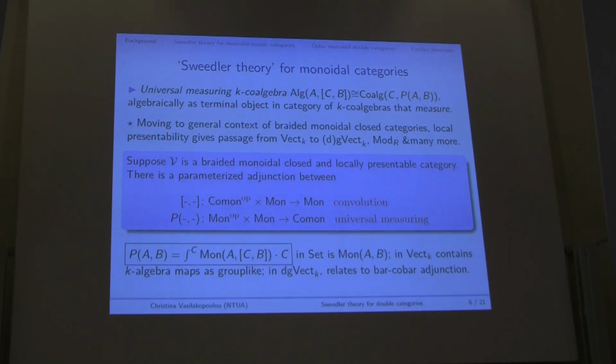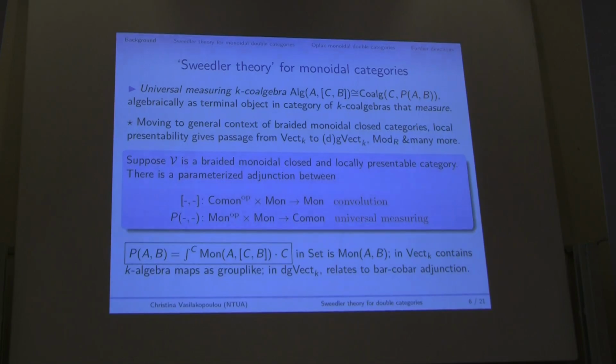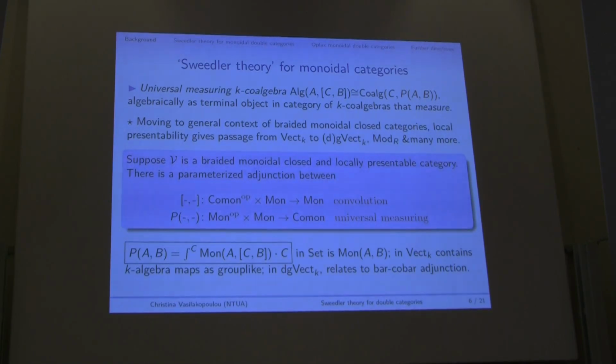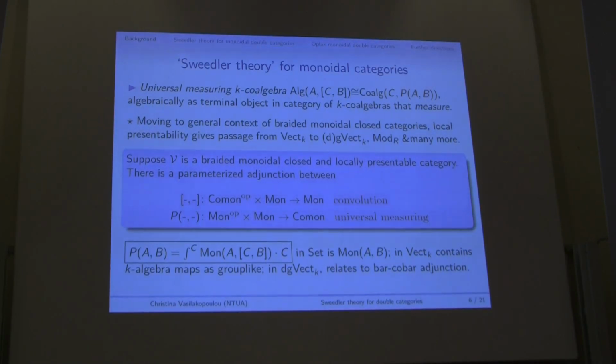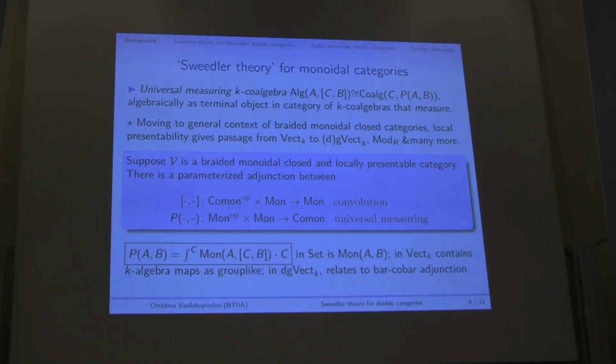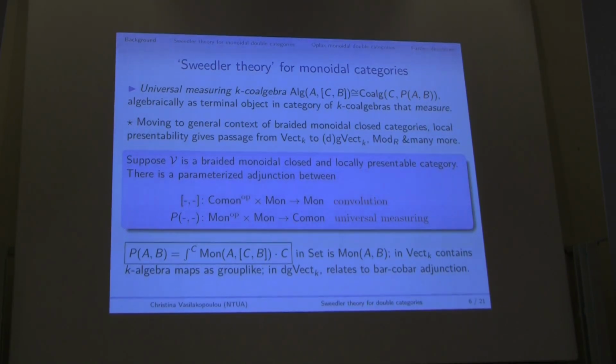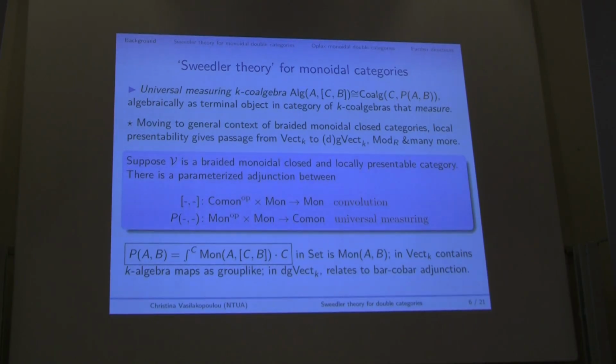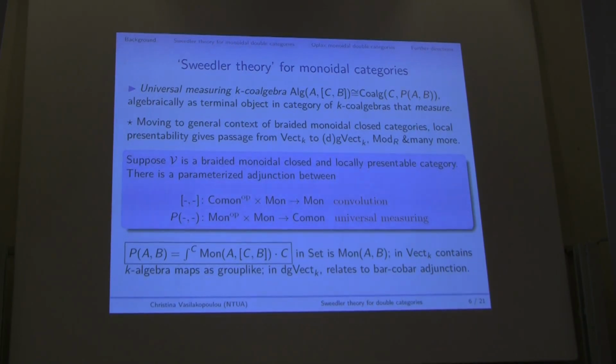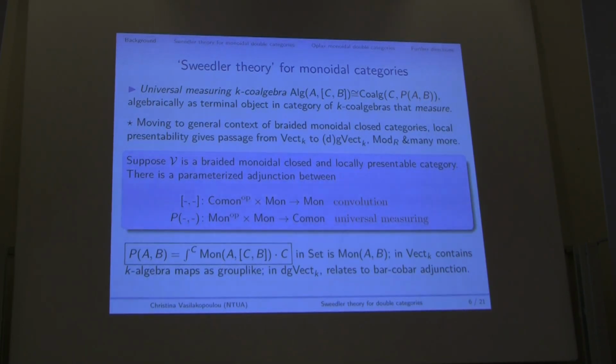So I presume if you take K in that formula, that will give you the thing before. It was surprising for me that in the book of Sweedler, he gives both these things, both the Sweedler dual and the measuring coalgebra thing, that he never draws the connection. Yeah, so he says that the Sweedler dual is an example of an algebra that measures, but nothing more to support this analogy. Yeah, but this is in fact a direct generalization of what happened in the previous slide, precisely.